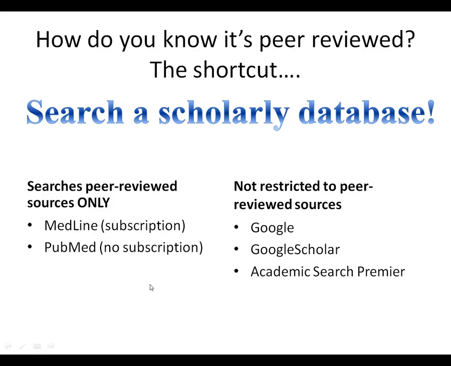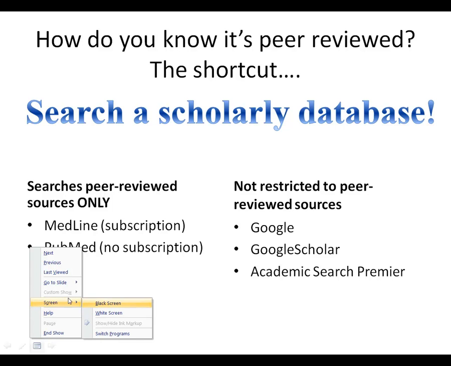So there is a shortcut that you can do. Okay, so what you can do is you can use a database, a scholar that only searches and gives you articles.